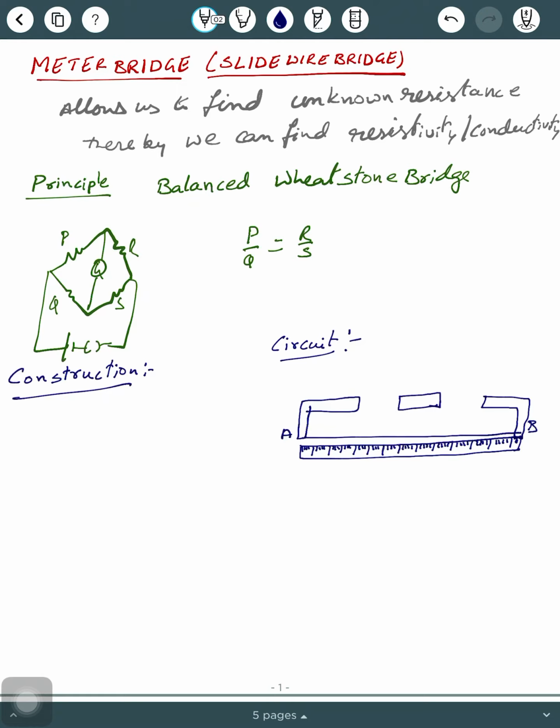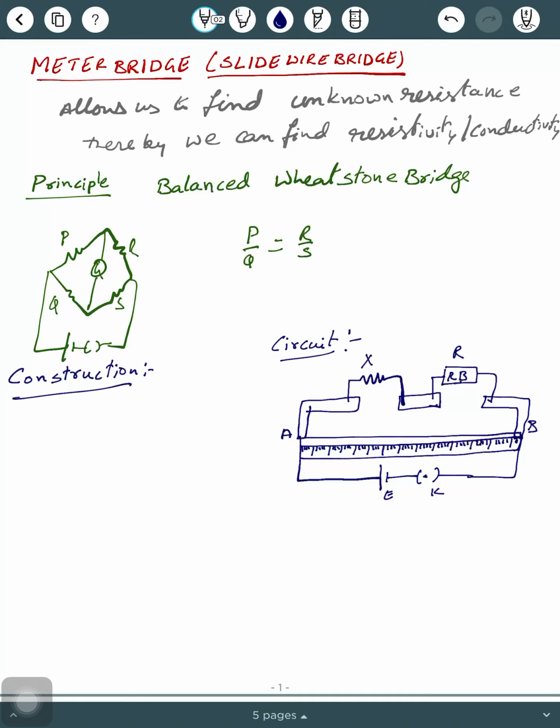In gap 1, that is the left gap, we place our resistance wire whose resistance we do not know, the unknown resistance X. To find this value, we connect a variable resistance R in gap 2, that is the right gap. The variable resistance role is played by your resistance box, and the meter bridge is connected to a cell of EMF E through a key K.